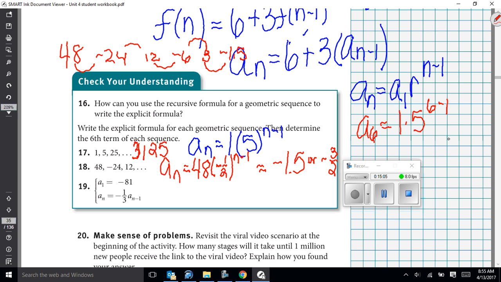So how would we write this as an explicit formula? Perfect. So we have our first term, and then we have what we're multiplying each term by, and our n minus 1. So now let's find the sixth term.